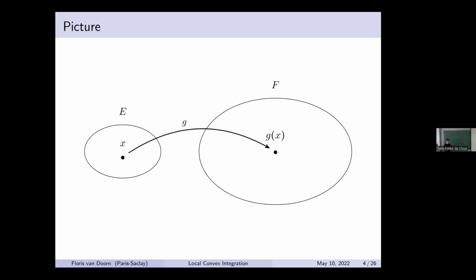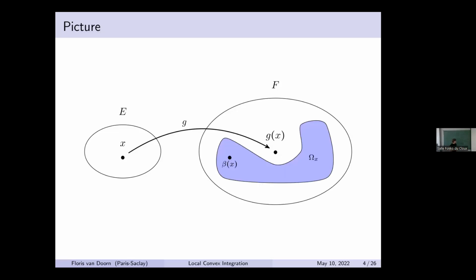Remember, in Patrick's talk, we had this function f, and we want to, in some way, improve the derivatives of f. For example, for sphere inversion, we want to show that the derivatives are linearly independent, so that the function is an immersion. And this function g here is one of these derivatives in some particular direction, which is a map between vector spaces.